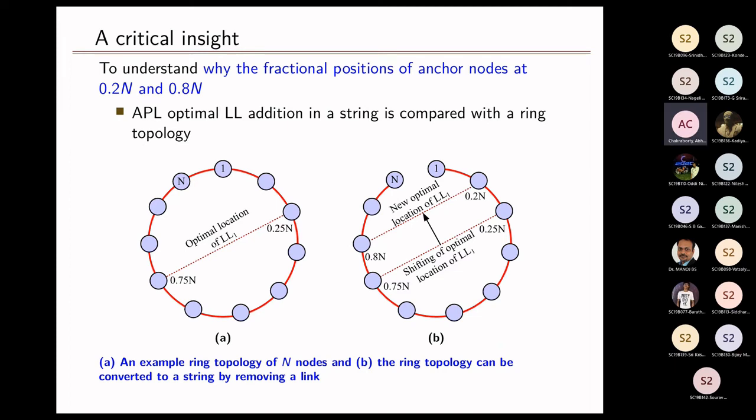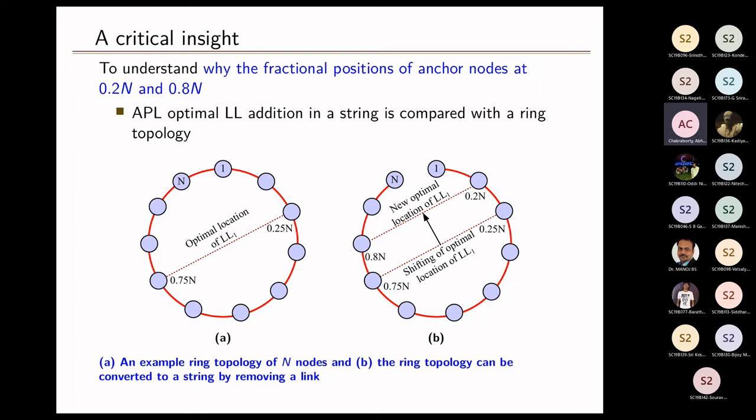Then we have seen this point shifts from 0.75 and 0.25 to 0.8 and 0.2. So what is the actual reason that when a ring becomes a string topology by removing one link, this long range location is shifting?